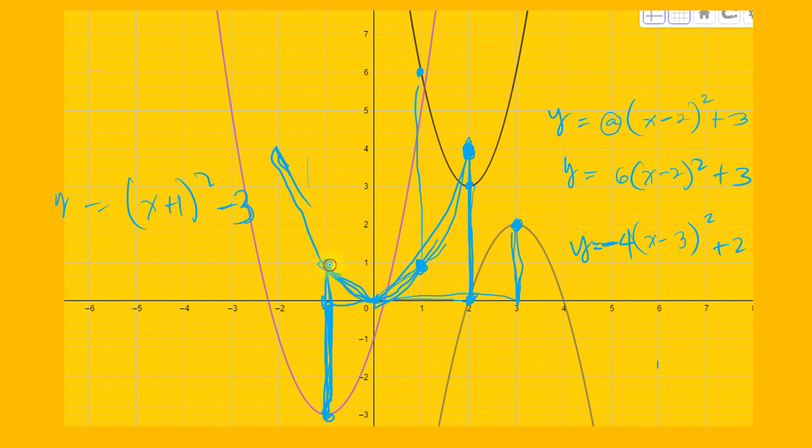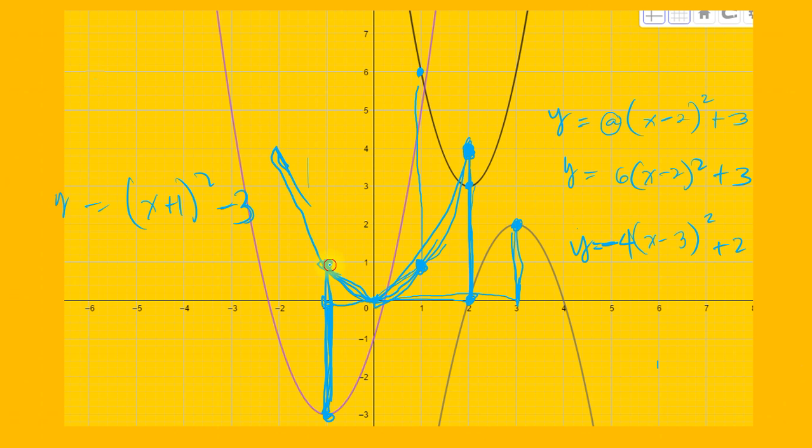Then the y value here is 4, multiply it by 2, that's 8. Here the y value is 1, multiply it by 2, so that is 2. So the graph is like this after scaling vertically.